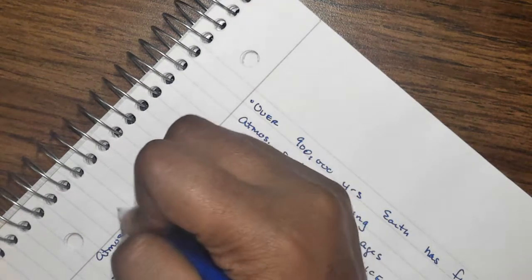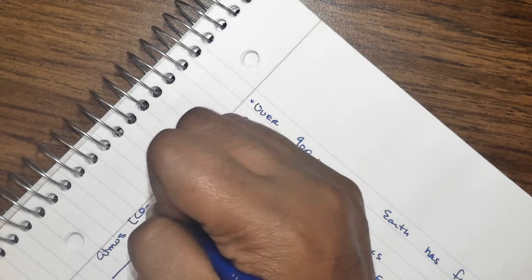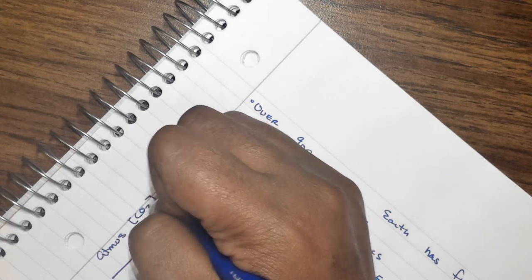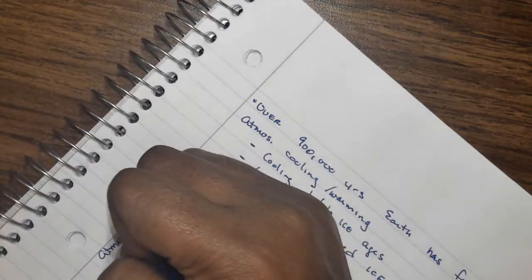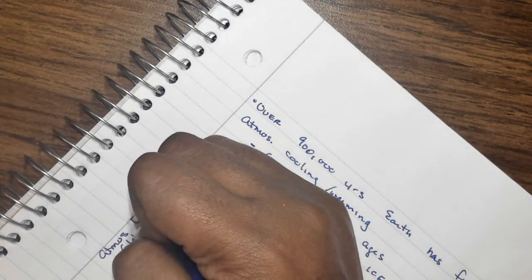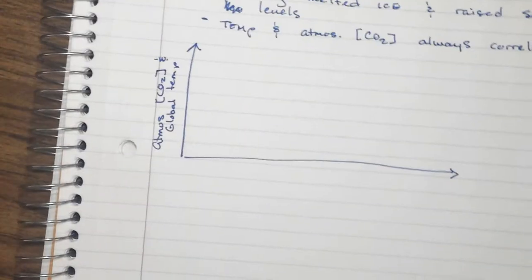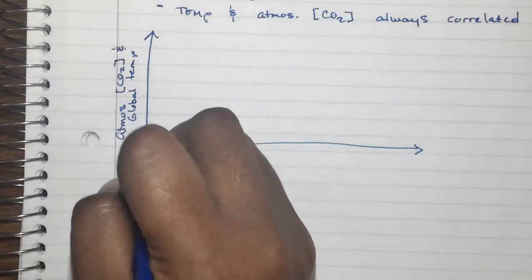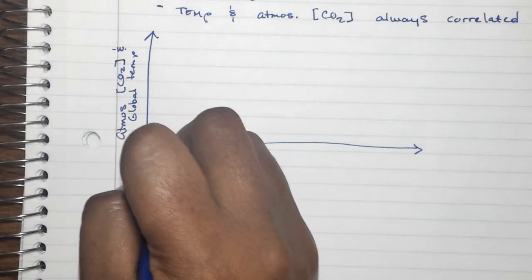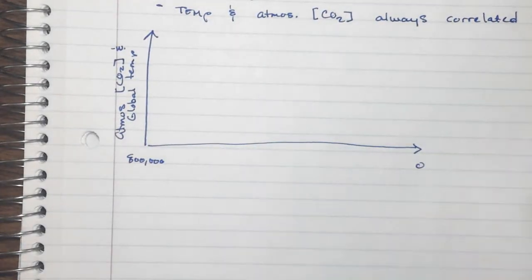So I'm putting atmospheric CO2 and global temperature here. And I'm going to start here at 800,000 years ago. And I'm going to end at now.